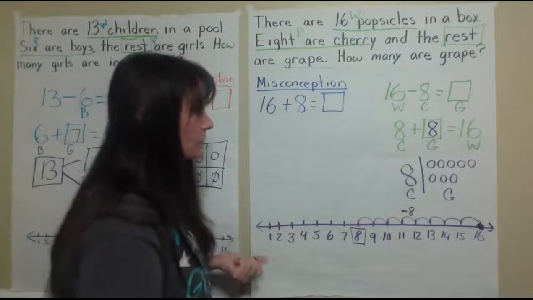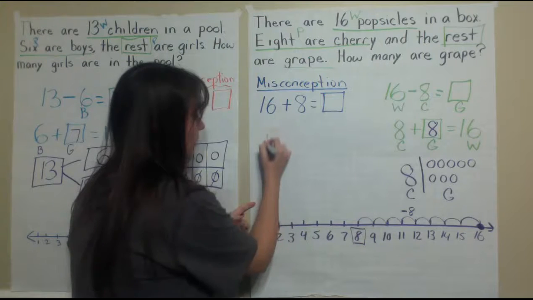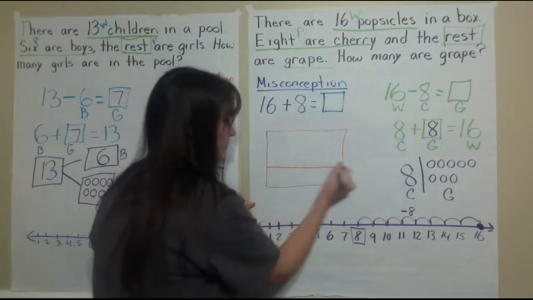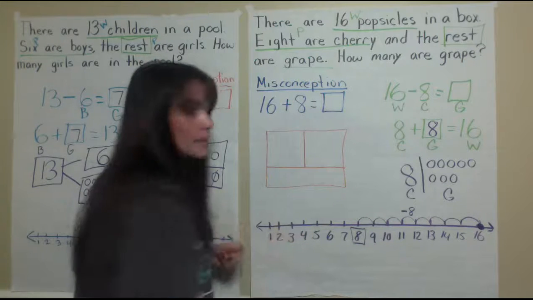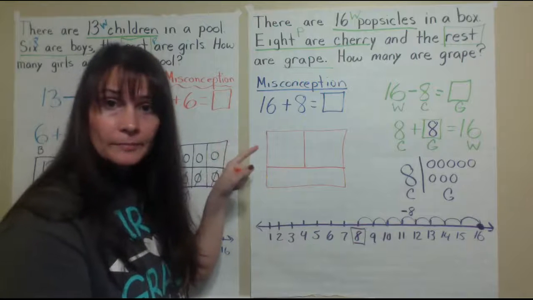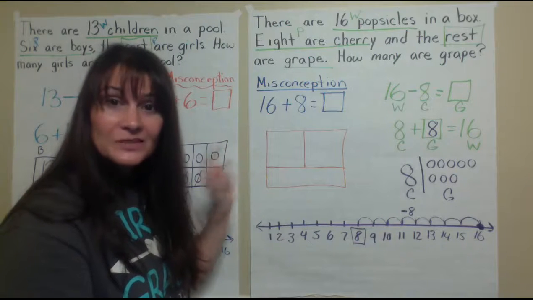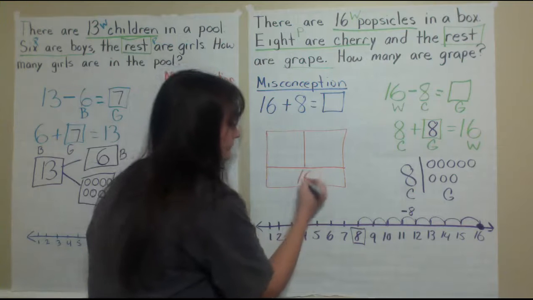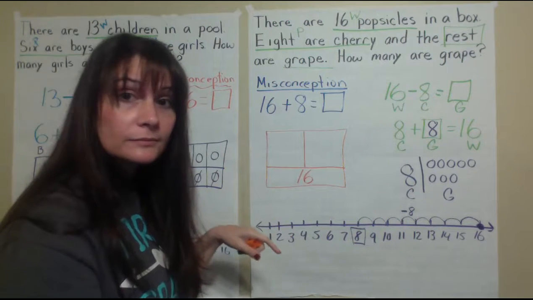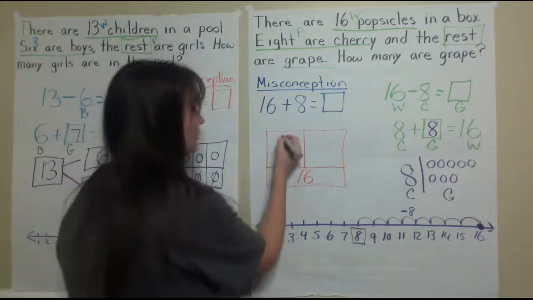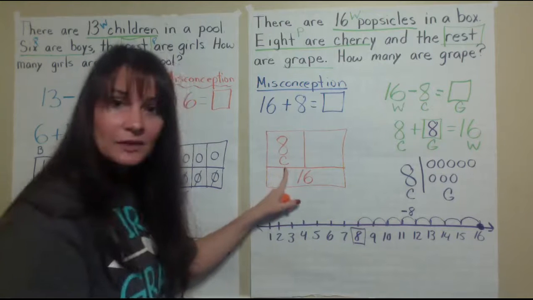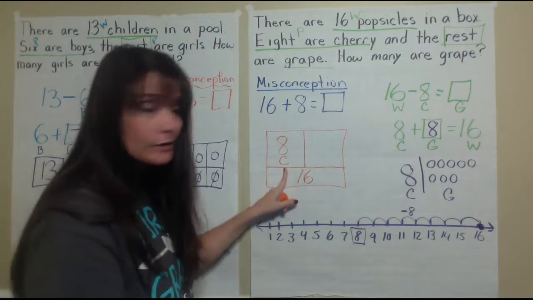I saw someone else use their part-part whole to help them. So if I have my part-part whole, what is the whole in my problem? That's right, it's 16. What is the part that you know? That's right, you knew that there were 8 that were cherry. And I'm going to label that because that's something important to do when you're showing this work.